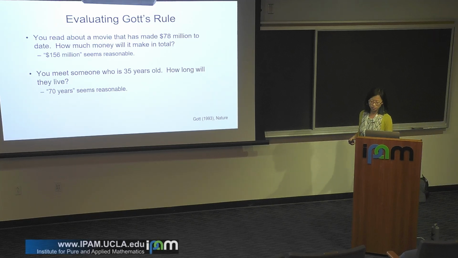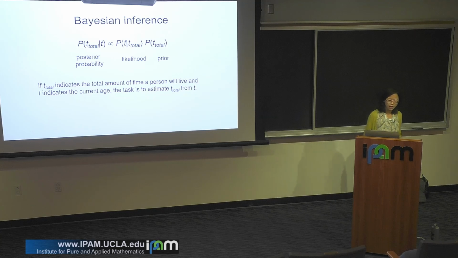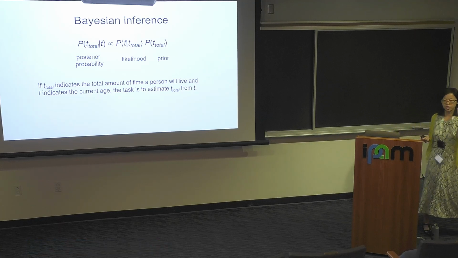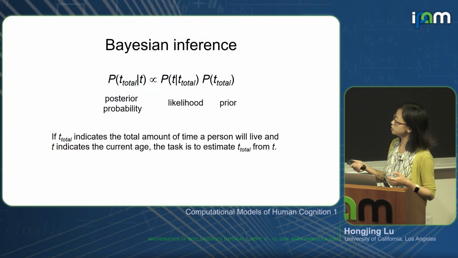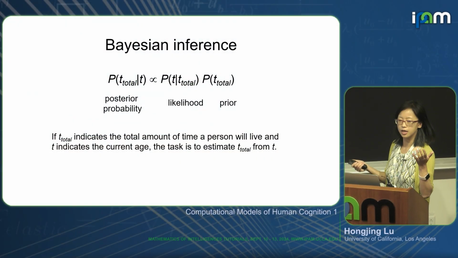If we adopt the Bayesian framework, we can look into this prediction problem. In this case, even though the data we gave you is almost deterministic, which is 35, just one number, you can decompose this problem into the likelihood and the prior.